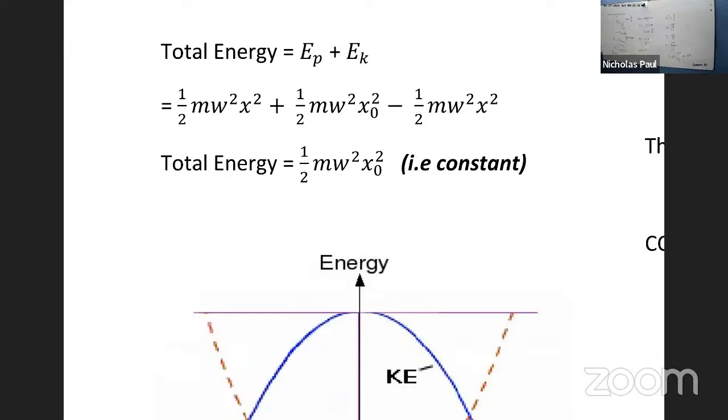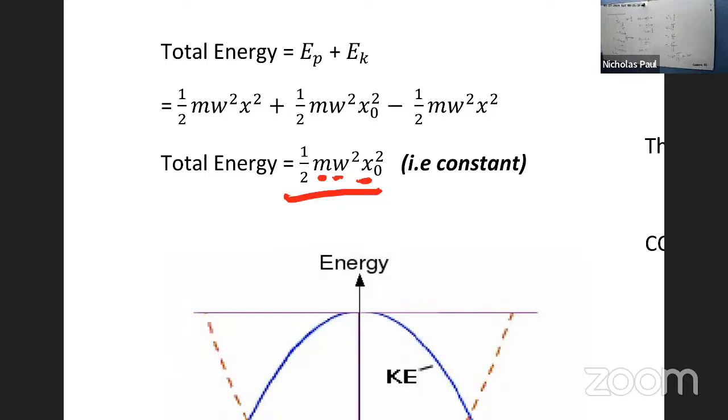This should be x naught. All right, so when you add it up, you will end up with a half m omega squared x naught squared.